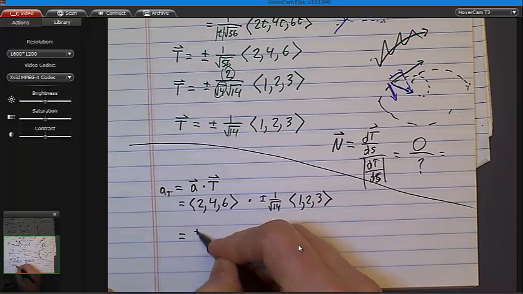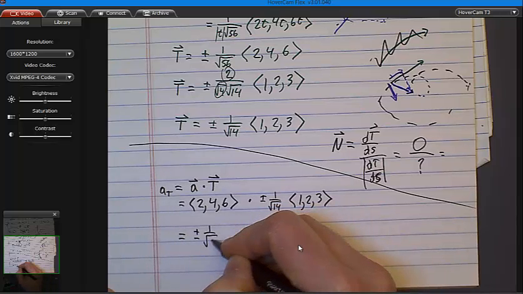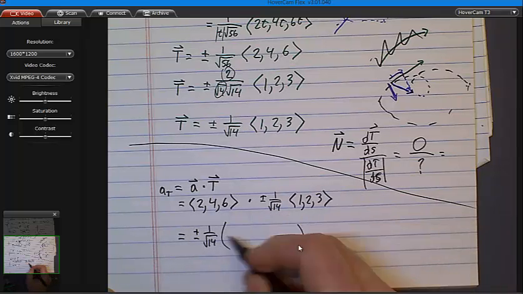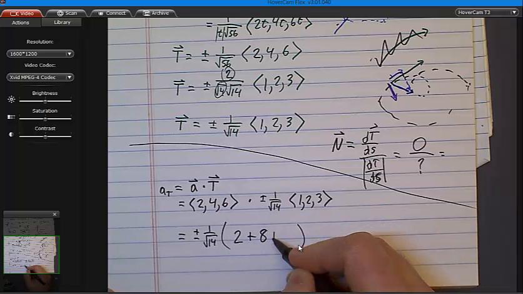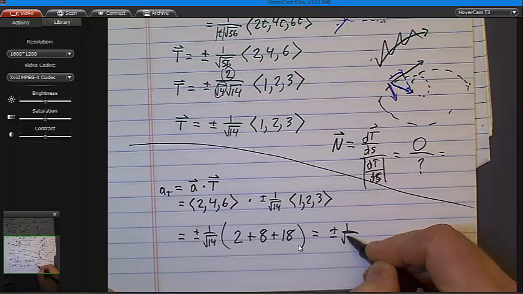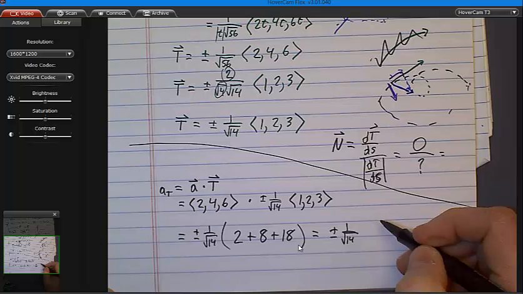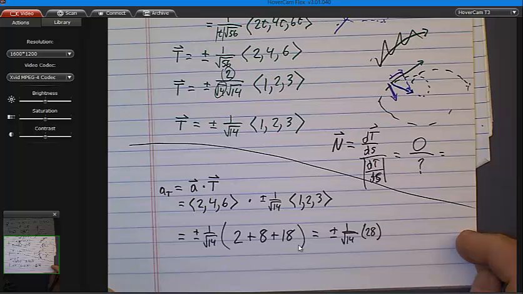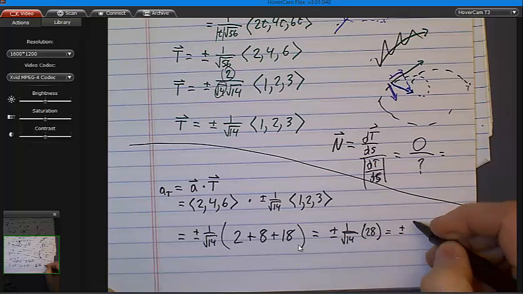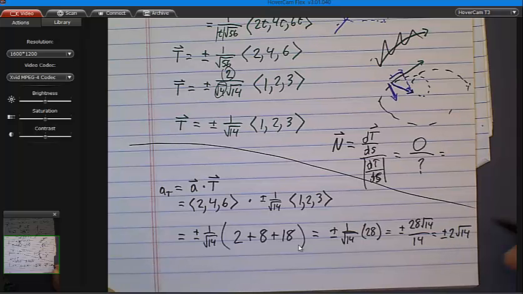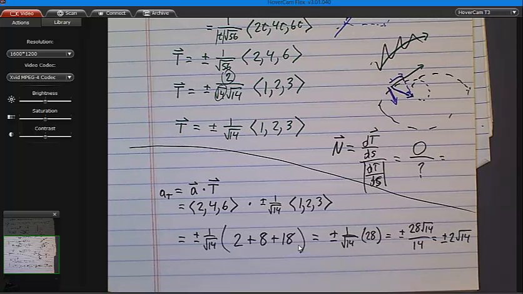This is plus or minus 1 over the square root of 14 of what? If I dot these vectors, I get 2 plus 8 plus 18, plus or minus 1 over the square root of 14. Is that 28? So plus or minus 28 radical 14 over 14, I remember. So plus or minus 2 square root of 14 after I simplify. All that for little a_T.